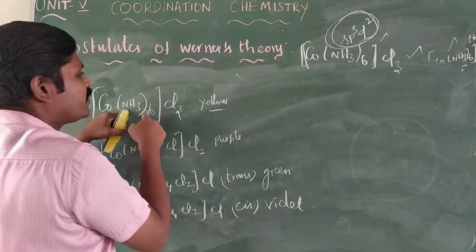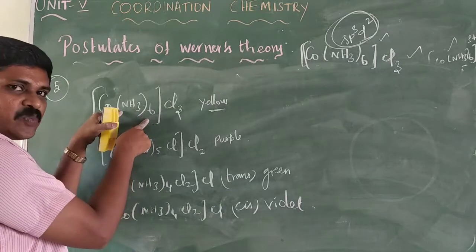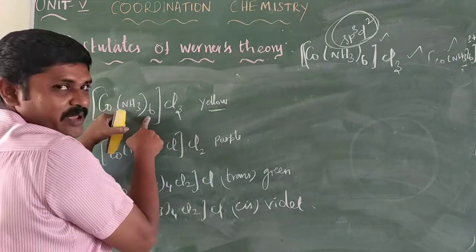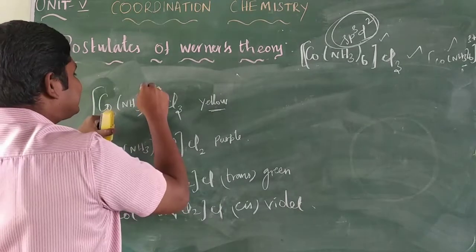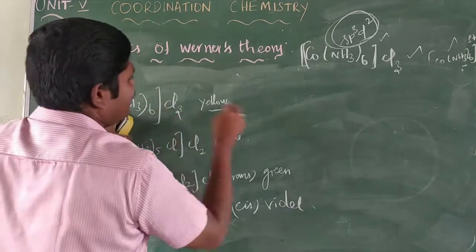The inner sphere, or coordination sphere, is satisfied by the secondary valency.